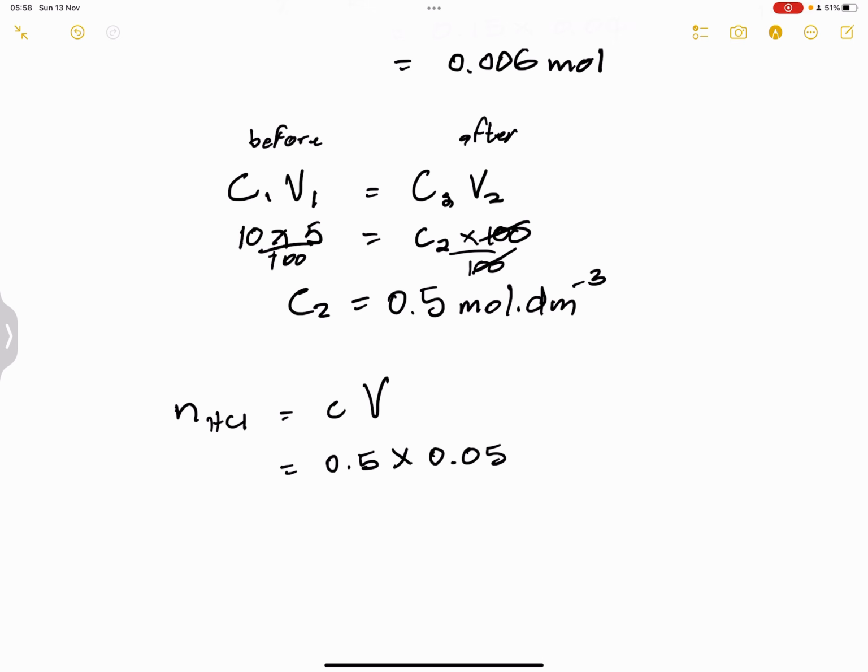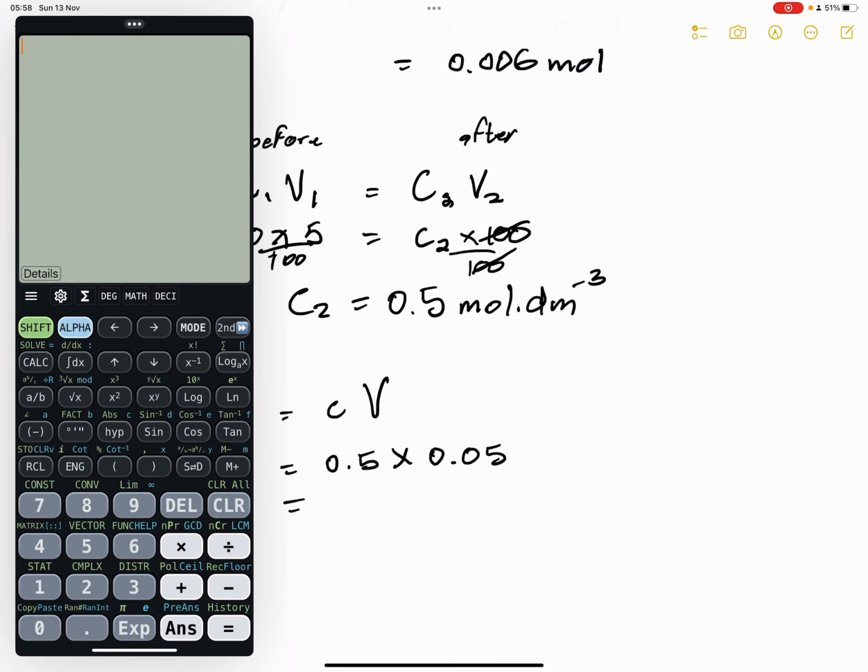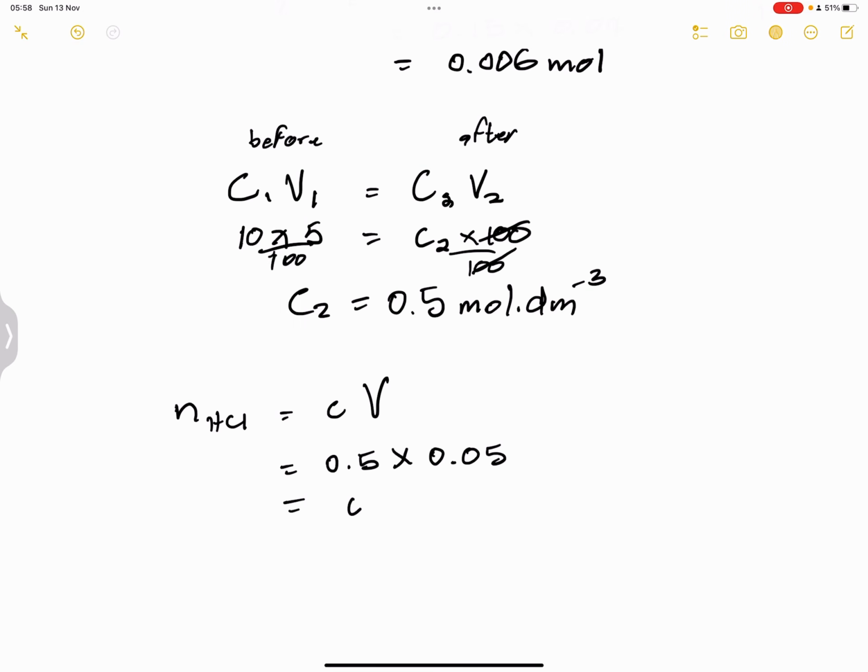That's 50 over 1000, right? Okay, so let's calculate there quickly. So that's 0.5 multiplied by 0.05, and I get 0.025 moles. Now these are the moles of hydrochloric acid.